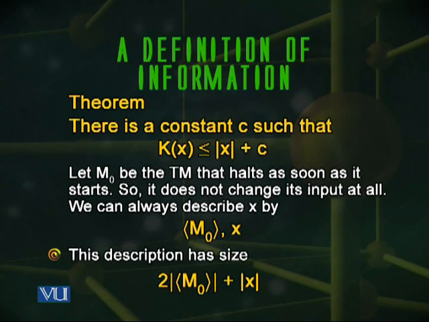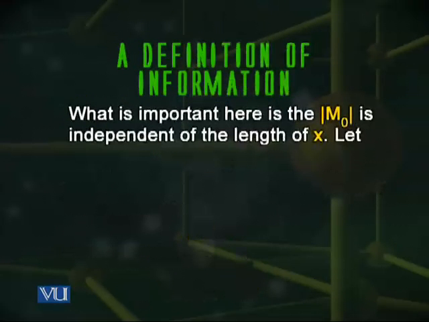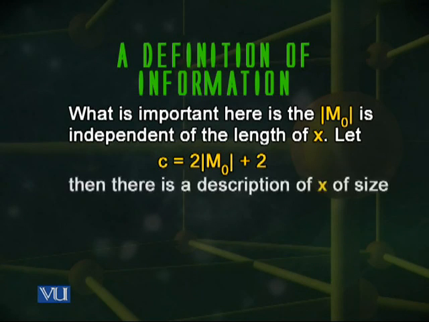It is 2 times the length of the description of M0 plus the length of x. What is important here is that the length of M0 is independent of x. Hence, we can take c to be 2 times the length of M0 plus 2, and then we realize that this description of x has size the length of x plus this constant.